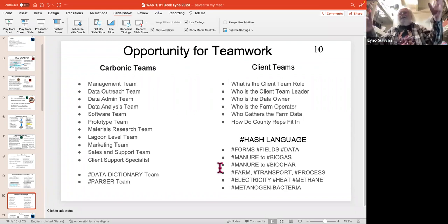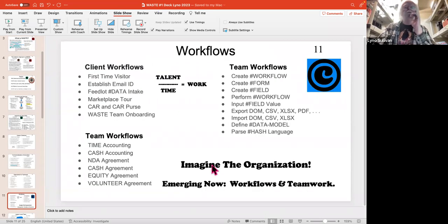It's that kind of expansive capability for organization building, opportunity for teamwork, workflows, talent over time equals work. One of mine is: imagine the future, imagine the organization, and it's emerging now from workflows and teamwork.